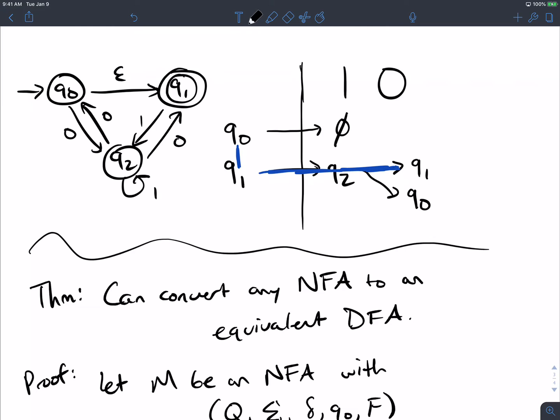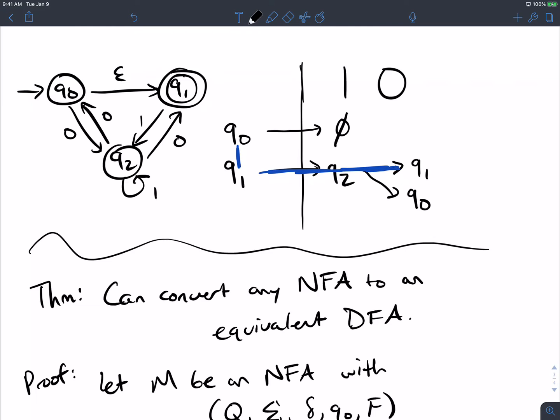Is there a place where we can get stuck in our computation and not be able to proceed any further? Yeah, like the Q0 reading a 1 example, there's nowhere to go. So for some places, I could have a choice that is bad and gives me 0 states out of it.